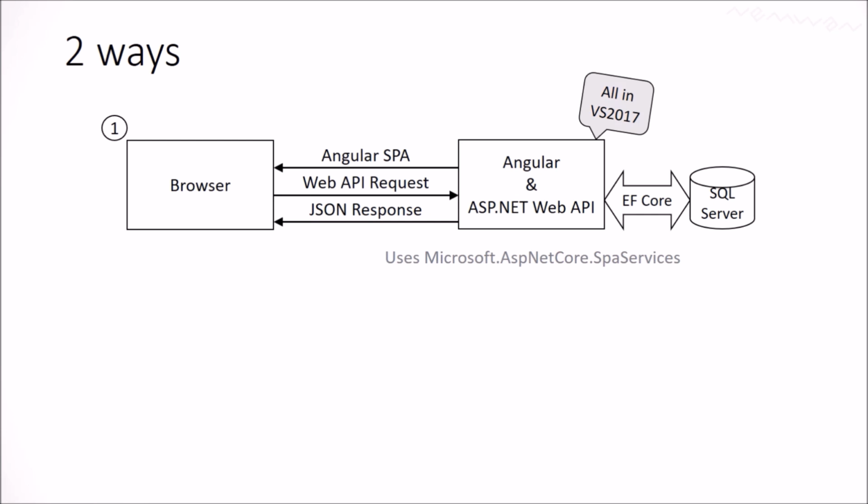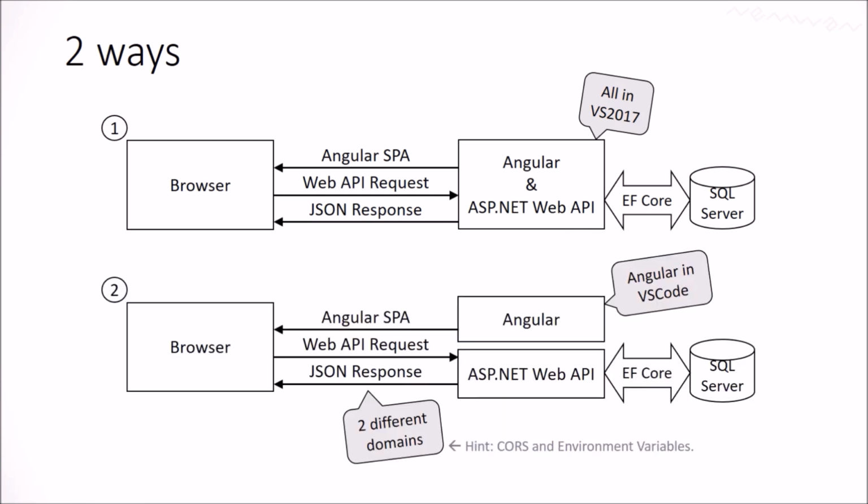And then when the user does something, an HTTP request goes to our web API, and then it gets the information it needs from the database through Entity Framework Core, and then delivers back a JSON response. From there, Angular can display the contents of the JSON. Visual Studio integrates Angular and ASP.NET Web API through SPA services.